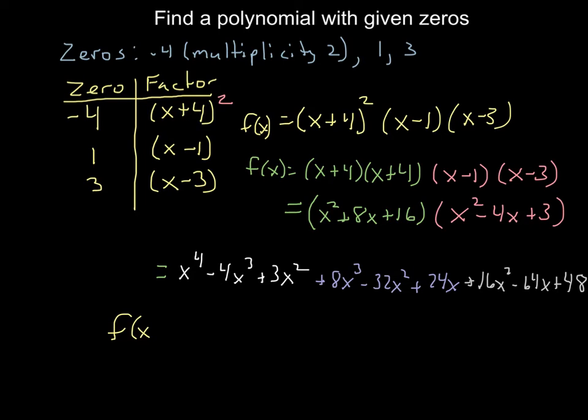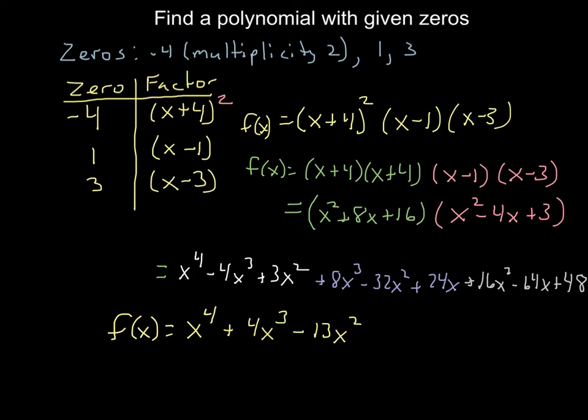So f of x equals, well, I just have one x to the fourth term, so it's x to the fourth. I have a minus 4x cubed plus 8x cubed. Those are the only x cubed terms, so that ends up being plus 4x cubed. Now with the x squareds, I have plus 3x squared minus 32x squared plus 16x squared. When I take 3 minus 32 plus 16, I come up with negative 13x squared.